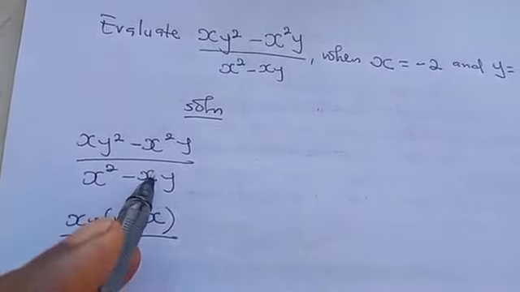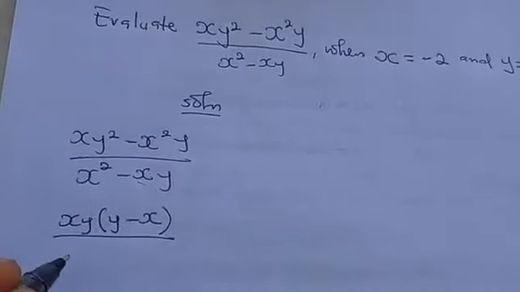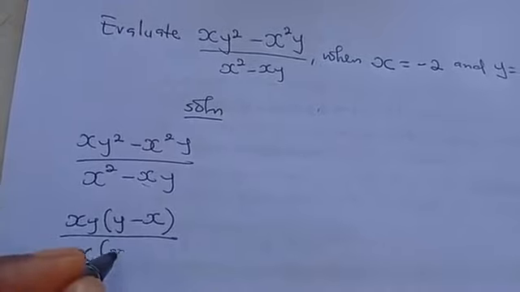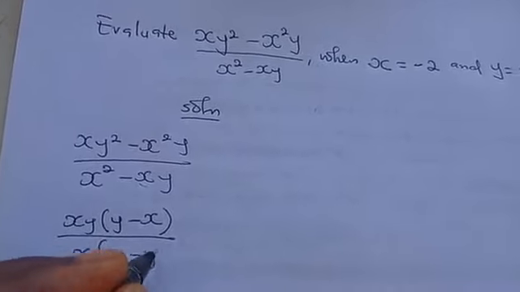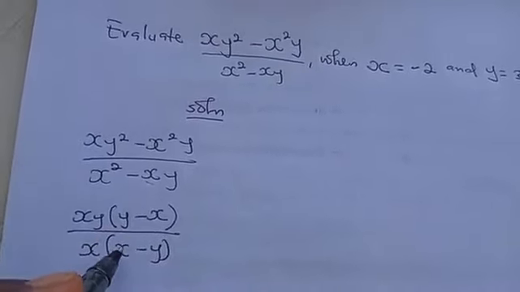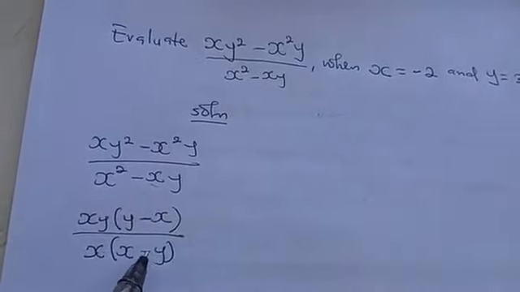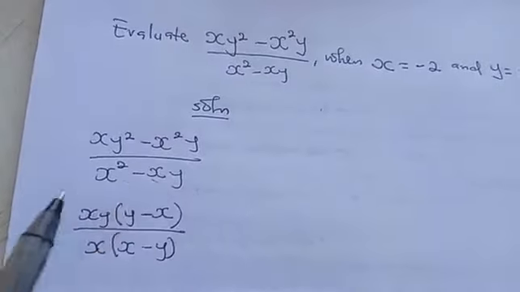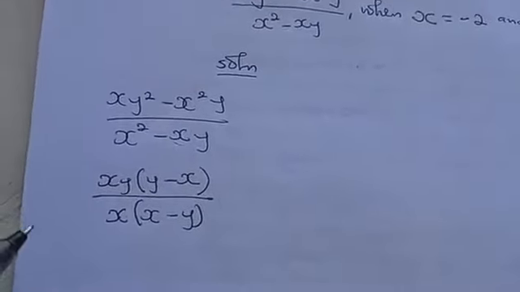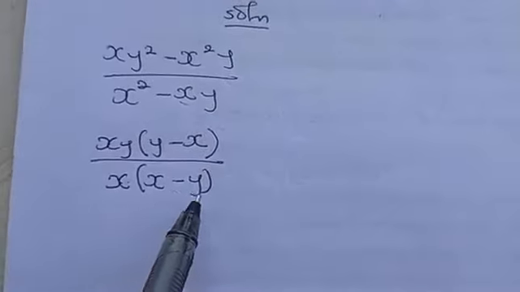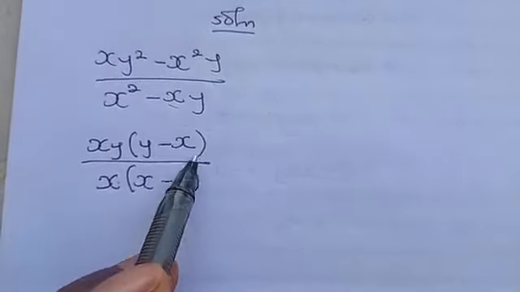We have x here and we also have x here, so we are extracting x outside the bracket, and inside we have x minus y, such that x times x will give us x squared, and x multiplying minus y will give us minus xy. So from this, we can simplify further by multiplying through by minus 1 in the denominator, so that we have y minus x also, like we have in the numerator.